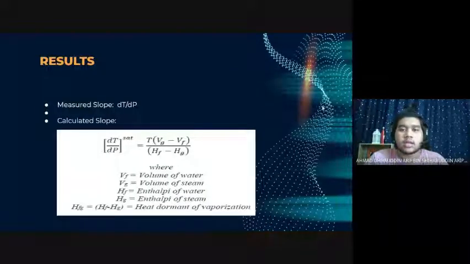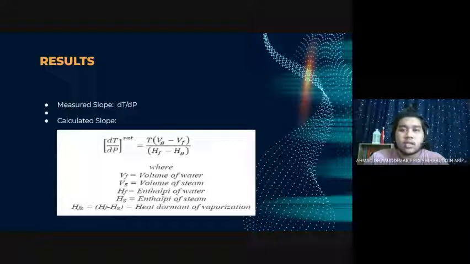Next would be the calculated slope. For the calculated slope, we have a specific formula that we have been given to use, as shown in the slide, where Vf is the volume of water, Vg is the volume of steam, Hf is the enthalpy of water, and Hg is the enthalpy of steam.